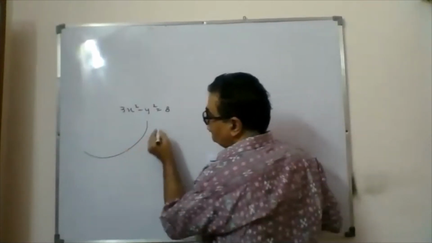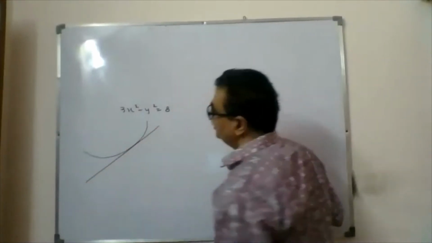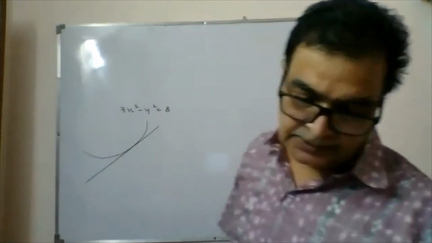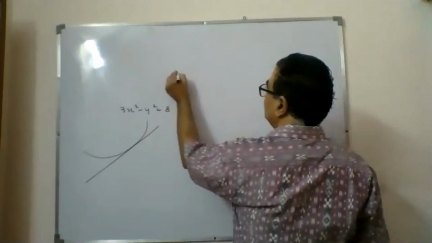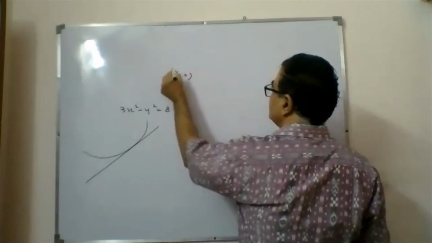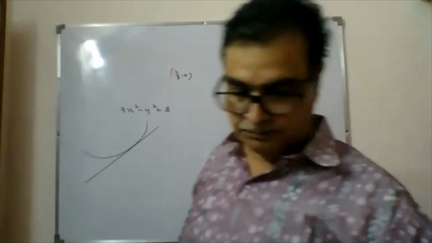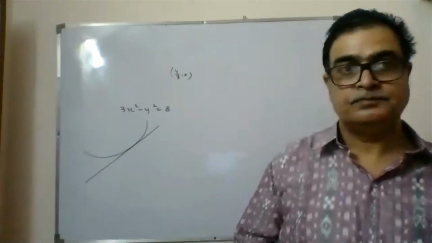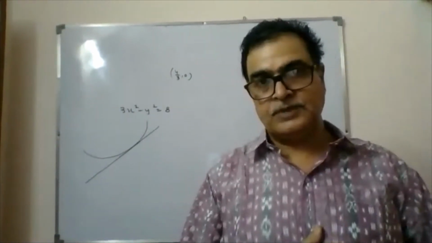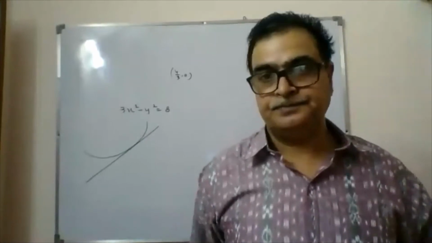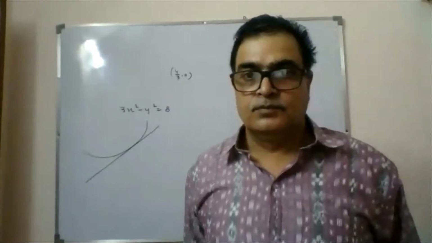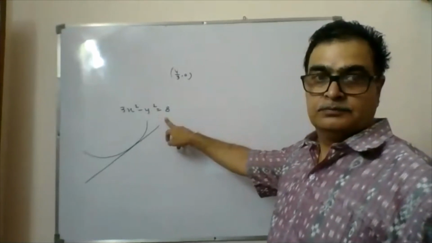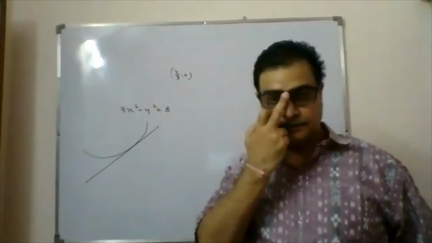Find the equation of tangent to this curve which passes through point 4 by 3 comma 0. Please do this question fast. I want you to complete this question.